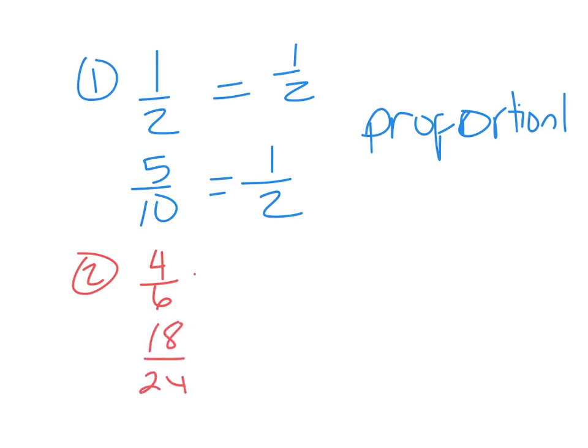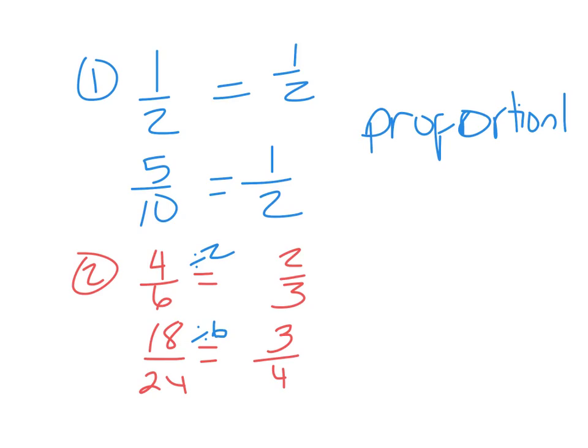All right, we have 4/6 and 18 over 24. What can I divide into 4/6? 2. Divide by 2, which would be 2 over 3. What can I divide into 18 and 24? 6. Divide by 6, a nice big number. 18 divided by 6 is 3, and 24 divided by 6 is 4.